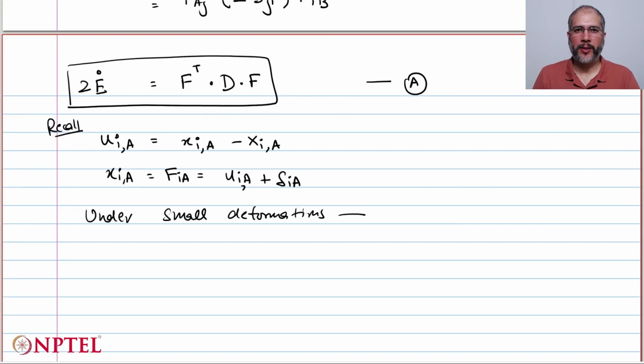The different terms of the displacement gradient tensor, that is this tensor, are small. When I say small, that means they are much smaller than 1. So if I add an identity to it, it's like I'm adding a 1 to it. So I can write FiA approximately as delta iA, because ui comma A has terms which are much smaller than 1. So in symbolic notation, this means that F is approximately identity for small deformations.